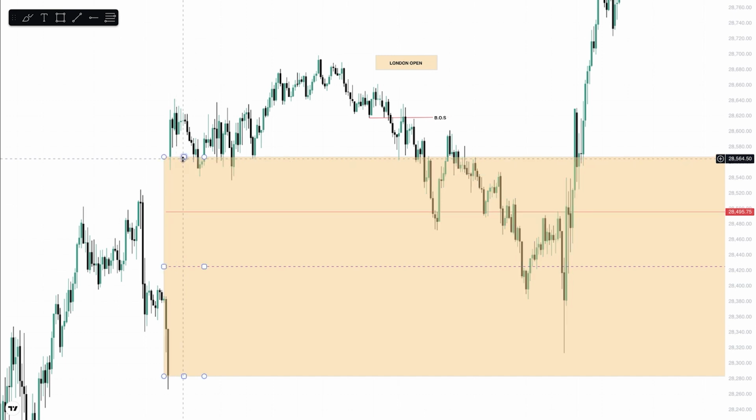But the idea around the opening range gap, and you're going to want to note this down, this is specifically for opening range gaps, is that if the gap is larger than 100 points, you're not going to anticipate price to trade back into that opening range gap, because there's a high likely chance that price is just going to continue in the direction of the gap.